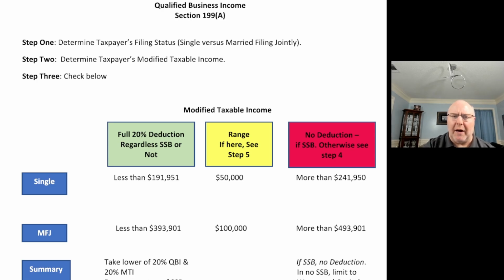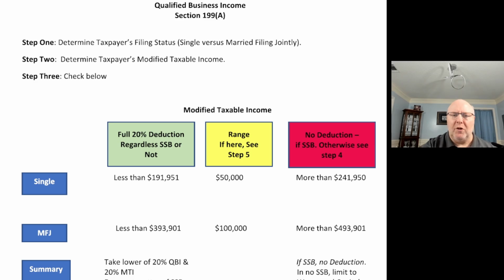Take the larger amount. Then, after we've selected the larger amount between Part A and Part B, compare it against the 20% of your QBI. We will now take the lower amount.